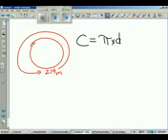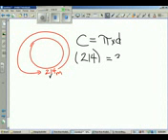Now, what you have to do is, just like algebra, you fill in what you know. Well, I know my circumference is 214 meters, so I will put that right there for circumference. I know pi is 3.14. The only thing I don't know right now is the diameter. Now what I'm really going to try to do here is to solve for this diameter right here.